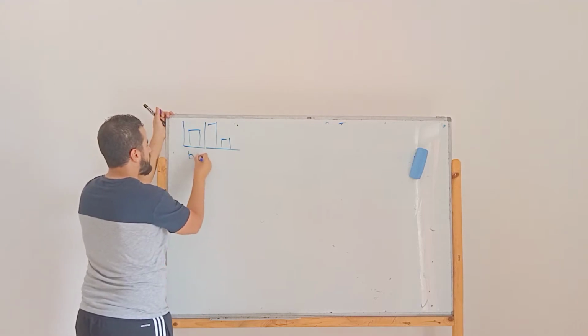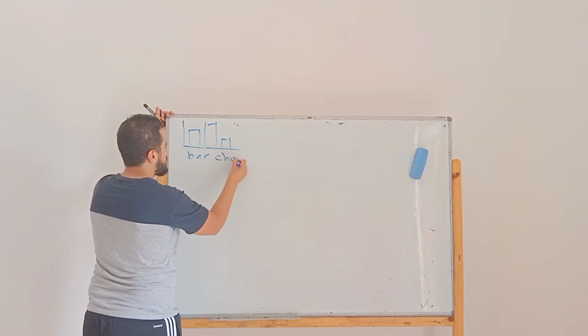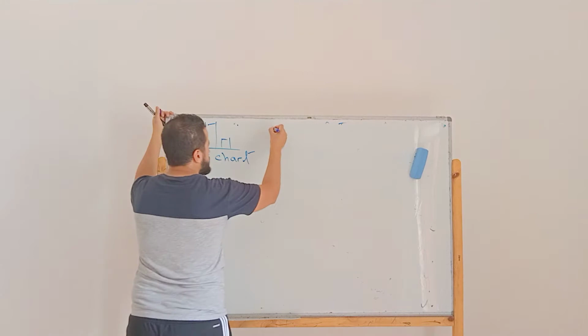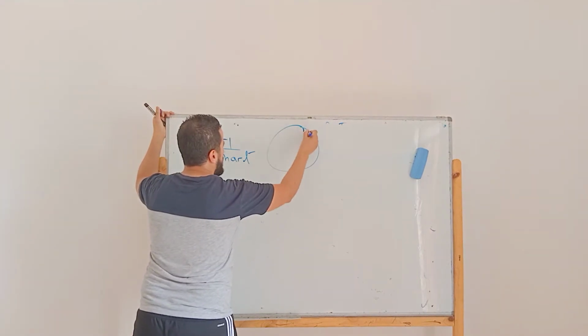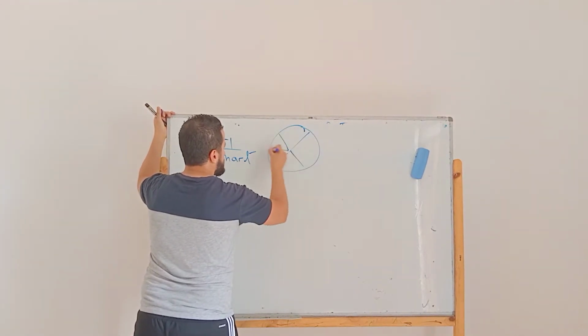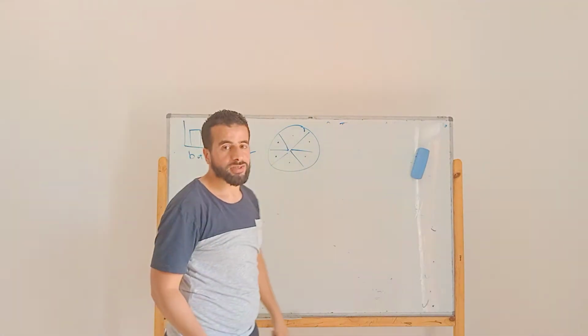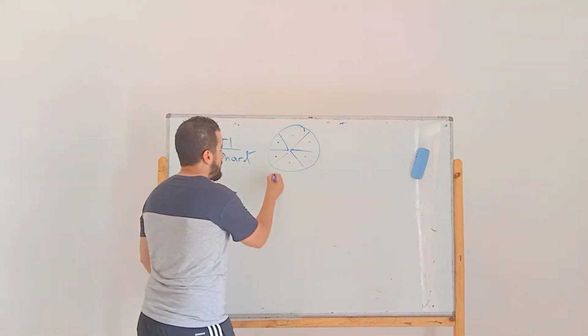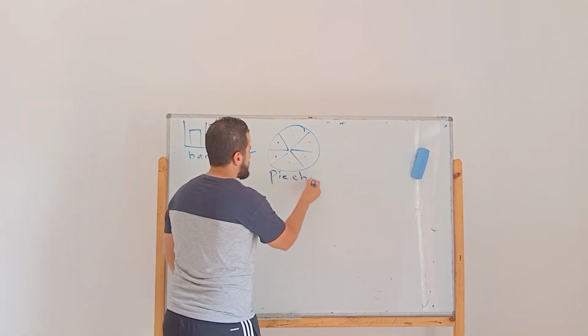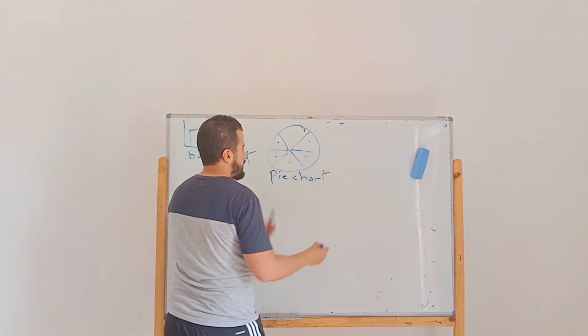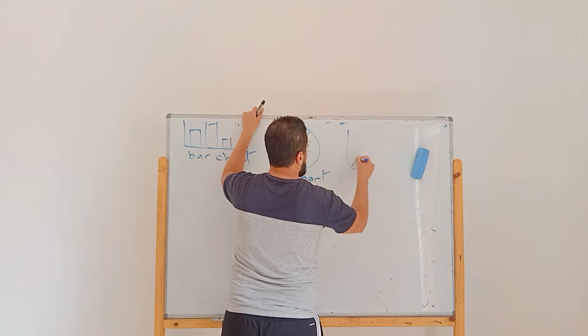This is called a bar chart. The next one is a pie chart, and you write down the percentage here. This is a pie chart. We have also a line chart.